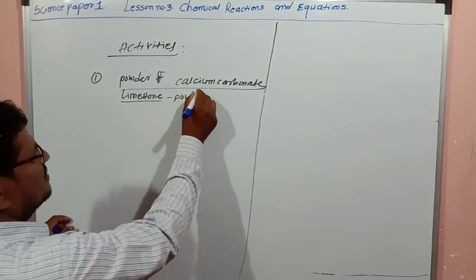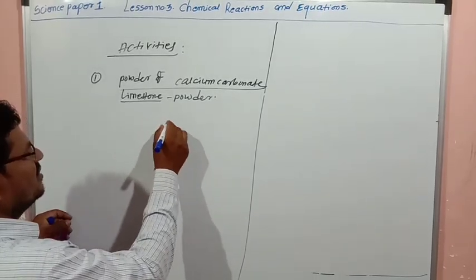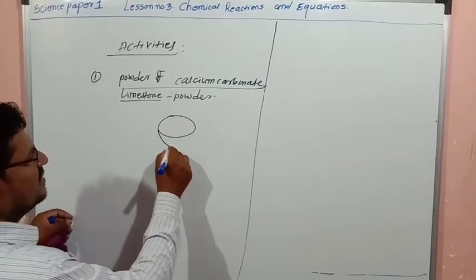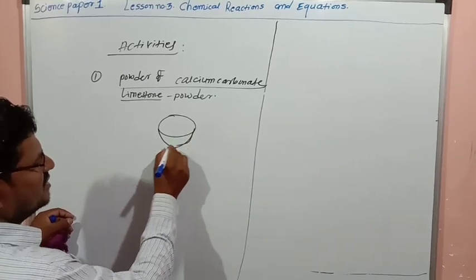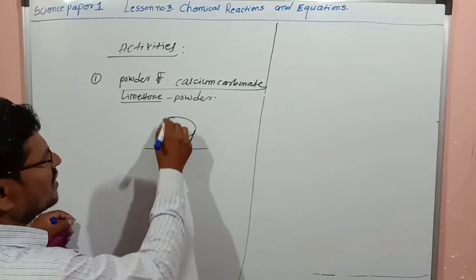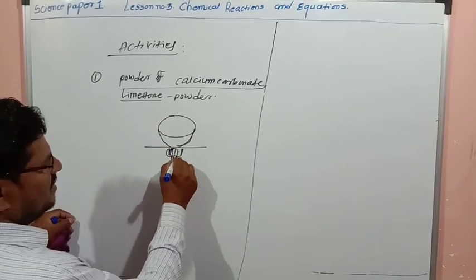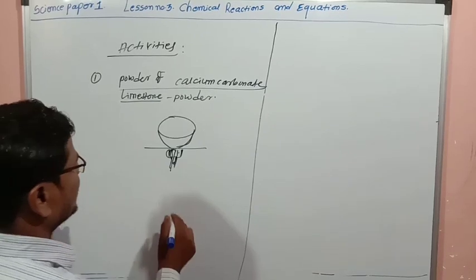Limestone powder you have to take. If you take limestone powder in your evaporating dish and heat it with the help of a burner, after heating, what will take place?